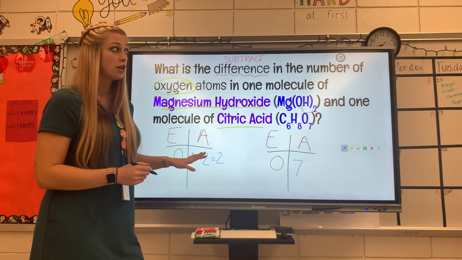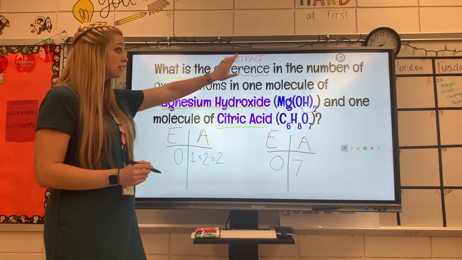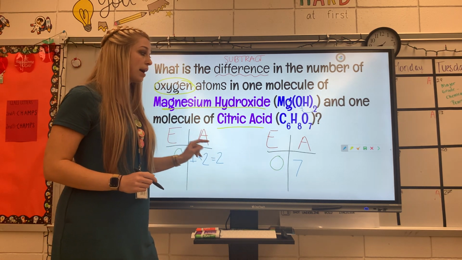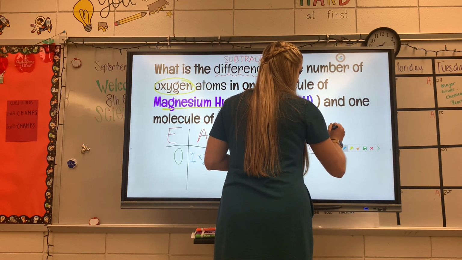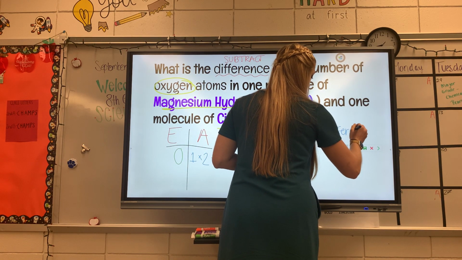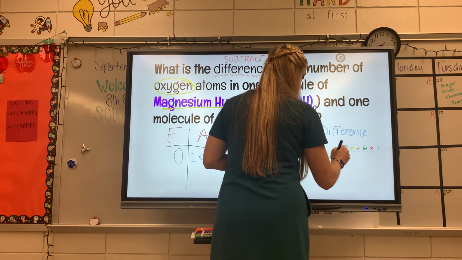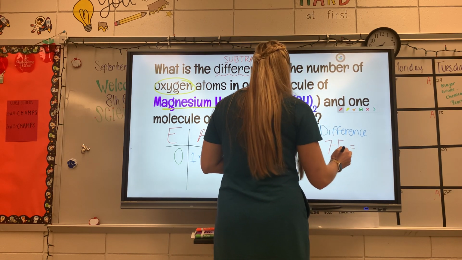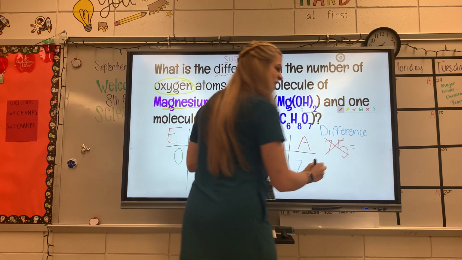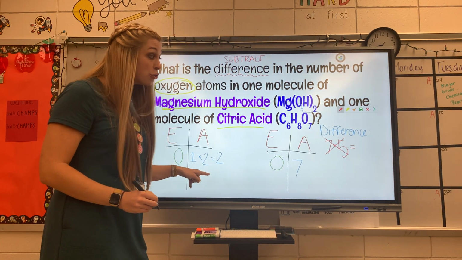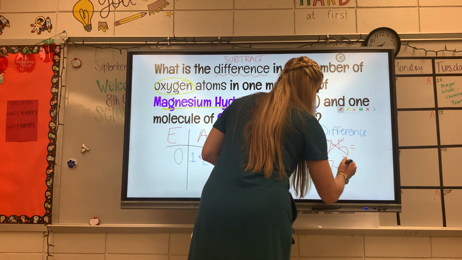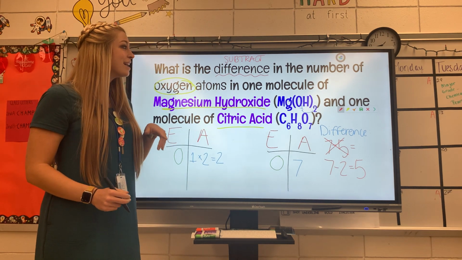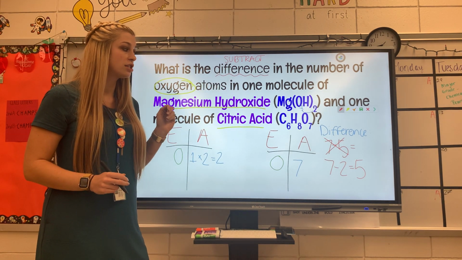So this is not our answer because it asks for the difference, we're subtracting, in oxygen atoms. So difference, 7 minus 5. Oh man, I said 7 minus 5. 7 minus 2, sorry y'all. 7 minus 2 gives us 5. I'd already done the math, I was skipping ahead. So that's how we get the difference in the number of oxygen atoms.